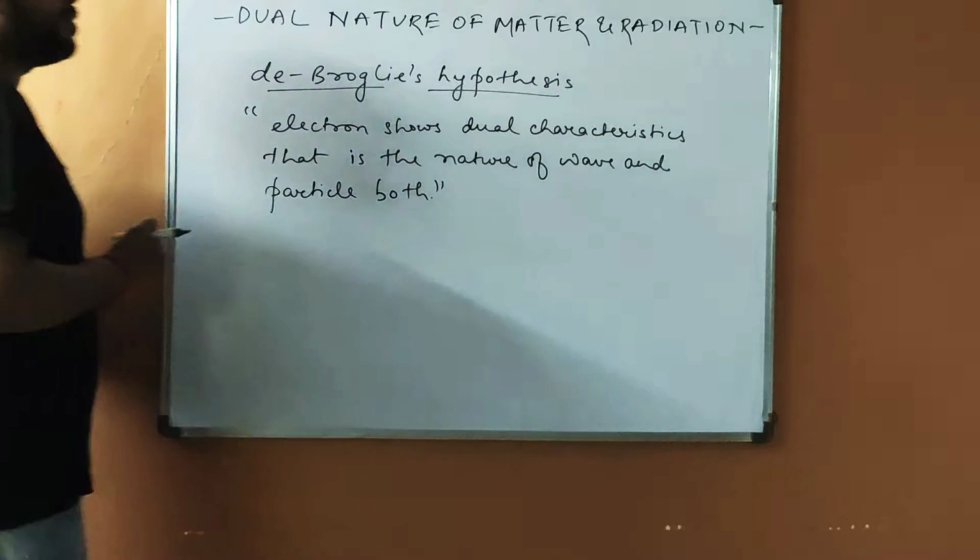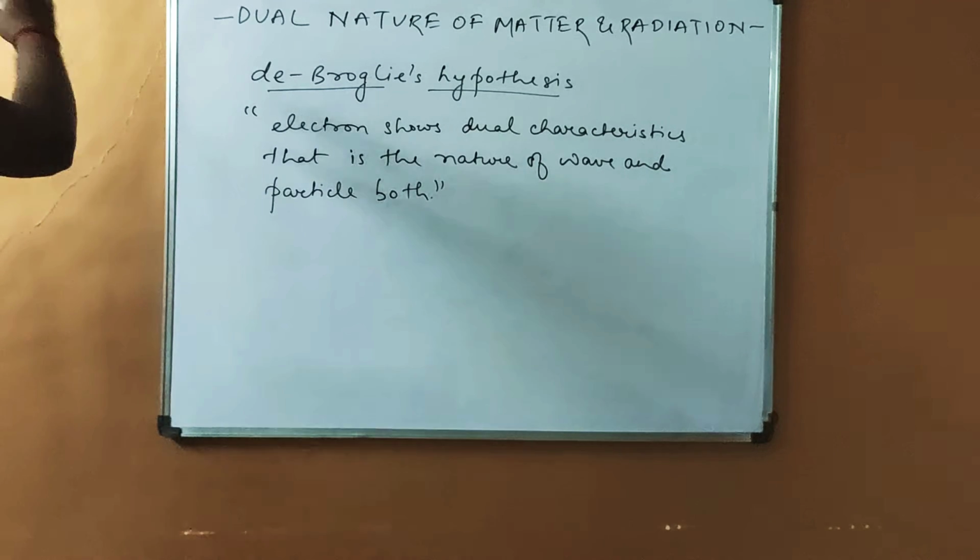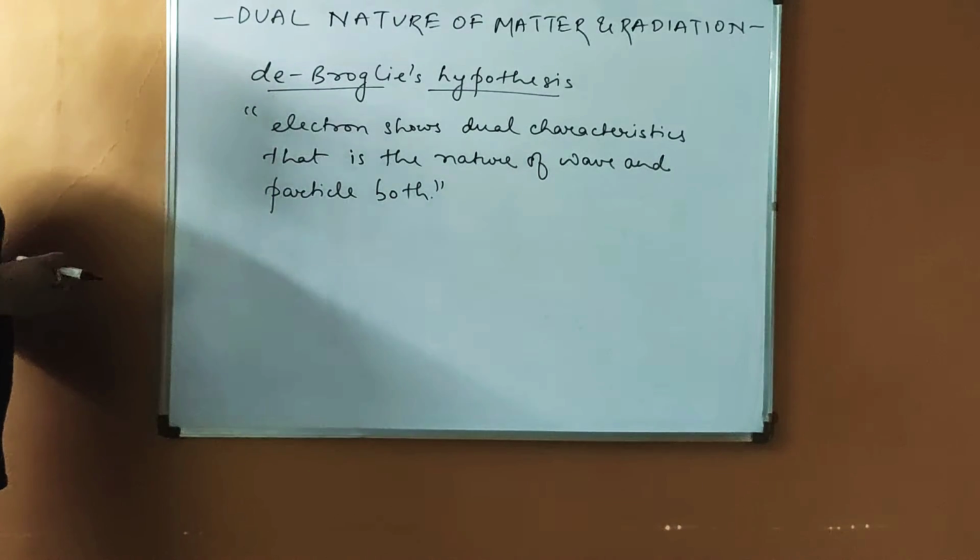That means electron shows the characteristics of the wave also and characteristics of the particle also. This was de Broglie's hypothesis. You have studied this in class 11th in structure of atom 2.